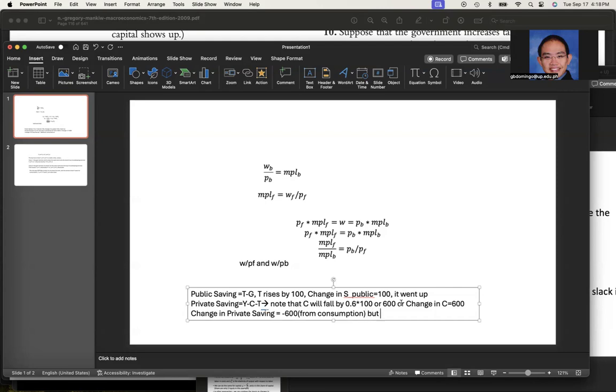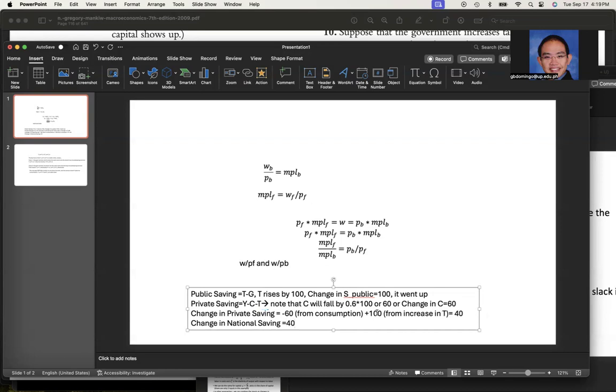Okay, but it now will have plus 100 from the increase in T. So this is basically, sorry, 60, not 600. So the total change in saving will be negative 60 plus 100, that is 40. So the change in national saving is 40.